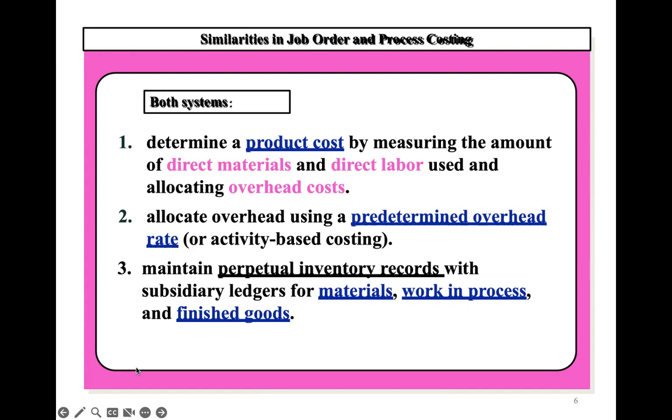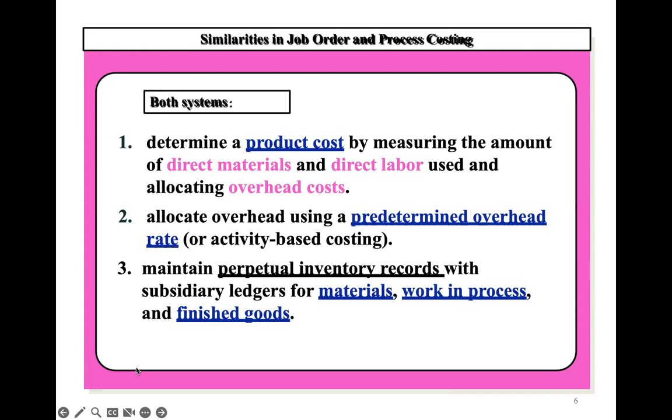Third similarity: maintain perpetual inventory records with subsidiary ledgers for materials, work in process, and finished goods. That means they have perpetual inventory records.